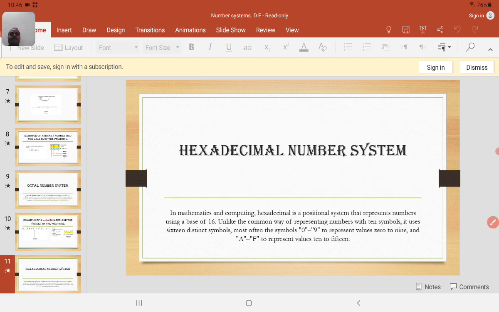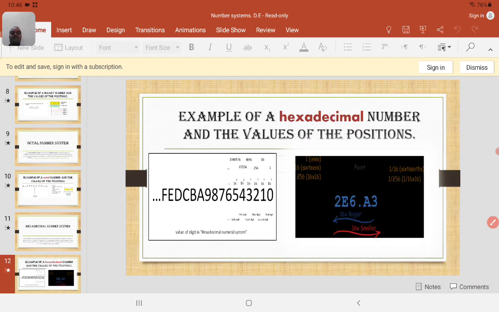Next, the hexadecimal number system. We already know that it is an alphanumeric number system consisting of alphabets and numerical digits. 0 to 9 represent the numbers 0 to 9, and A to F represent the values from 10 to 15.